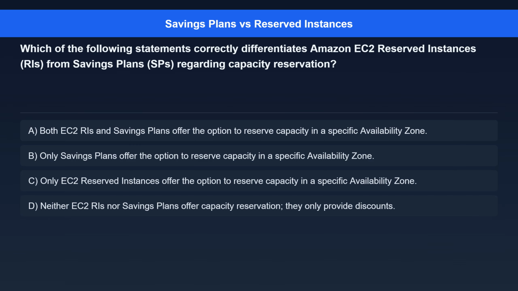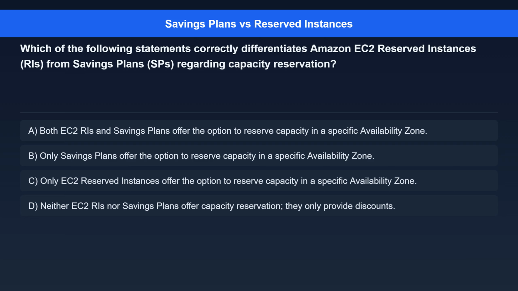Question 2. Which of the following statements correctly differentiates Amazon EC2 reserved instances, RIs, from savings plans, SPs, regarding capacity reservation? Option A. Both EC2 RIs and savings plans offer the option to reserve capacity in a specific availability zone.